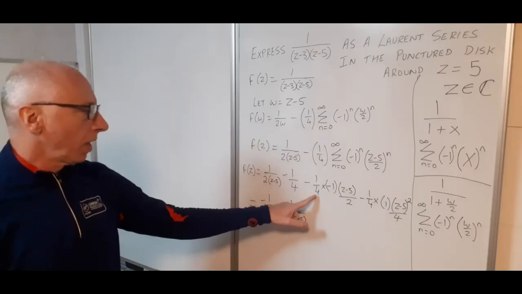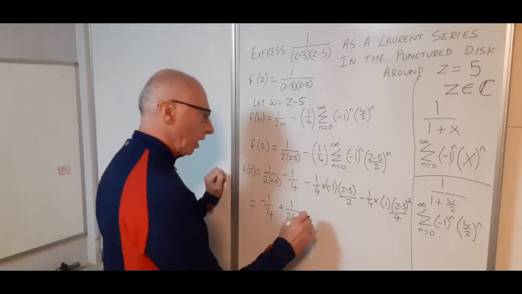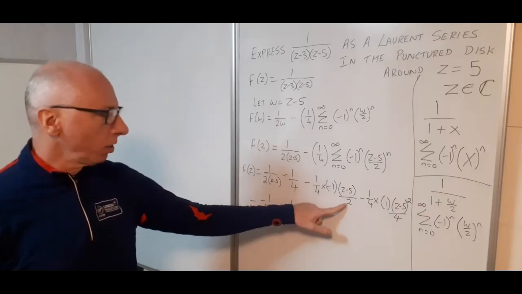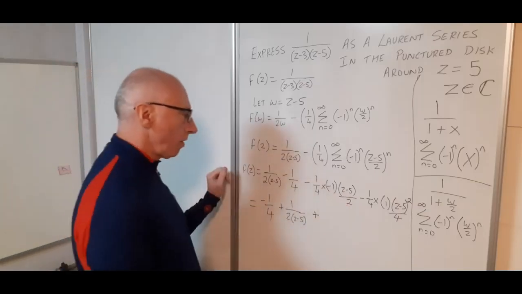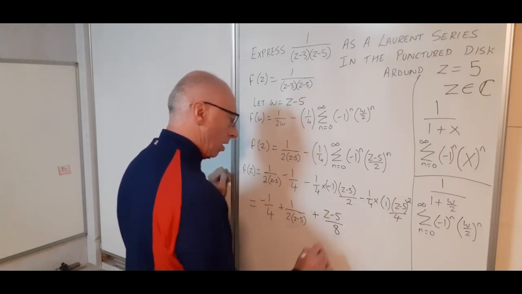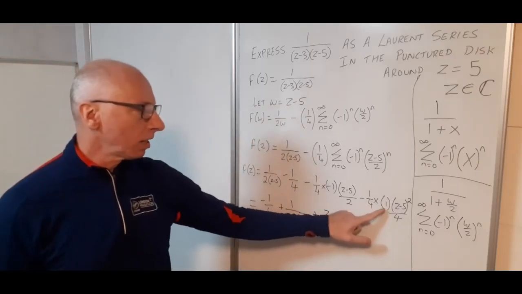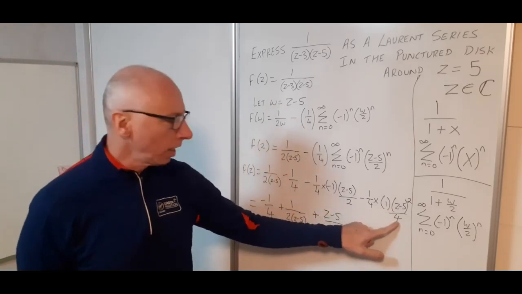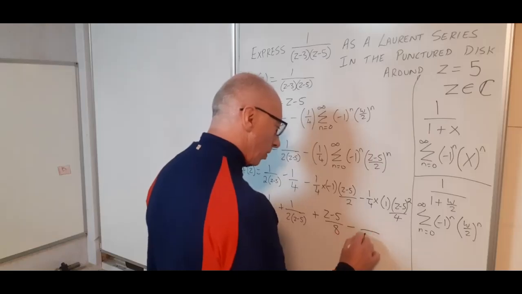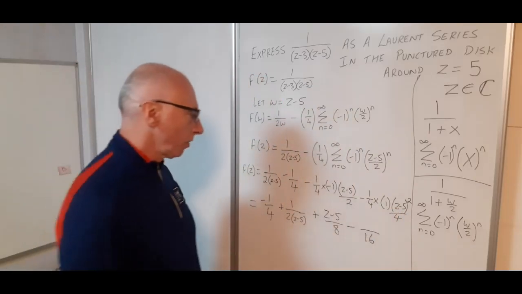I've got minus 1/4 times minus 1, so that's plus 1/4, multiplied by z minus 5 over 2, so that's going to give me z minus 5 over 8. Okay, now this one, I've got minus 1/4 times 1, still stays as minus 1/4, but I've got a 4 here, so I've got minus 1 over 16. So let's just put 16 there. And then minus 1 times this, just gives me z minus 5 squared.